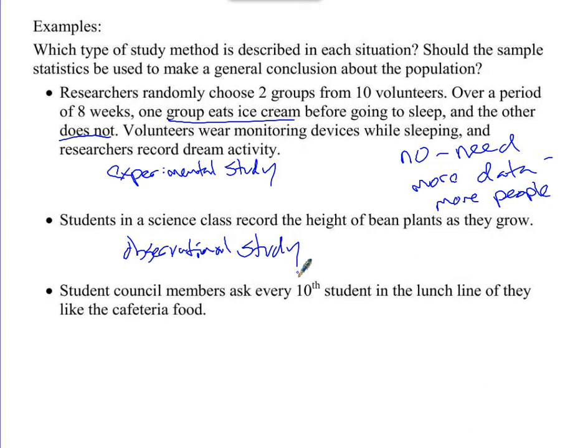So should the statistics be used to make a general conclusion about the population of what? What's the population here? All bean plants. No. Why not? Well, it says bean plants. We don't know how many there are. There's lots of different types of bean plants, but what else?